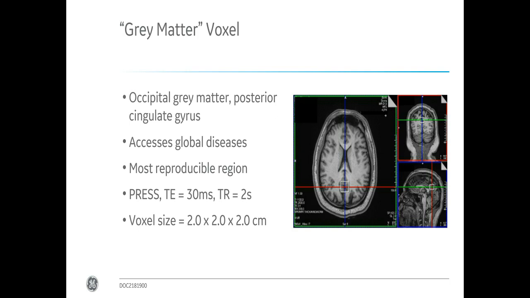So starting with the global diseases or the global spectroscopy, what is a typical gray matter voxel? So for that, it's the occipital gray matter or posterior cingulate gyrus. So here in the posterior part, really covering in a voxel nearly all gray matter.